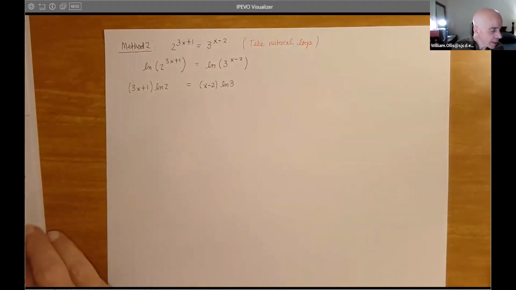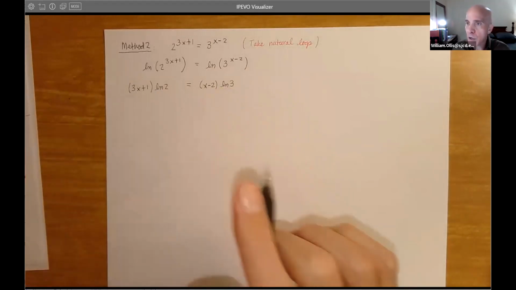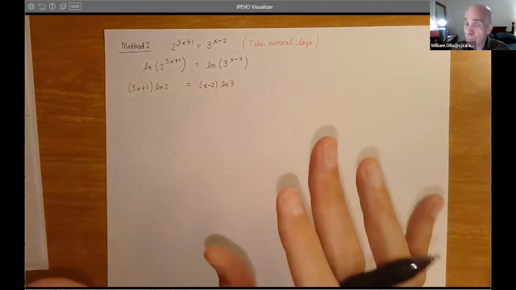So when we think about this technique, many students like this because it's just natural to use the natural base. In calculus, of course, everybody just runs to the natural base. So that's a wonderful way to do it, and certainly good mathematics.